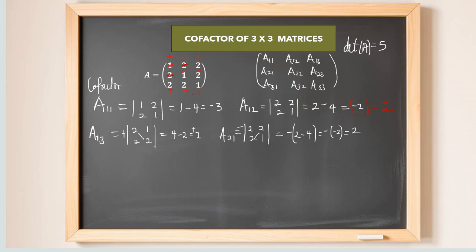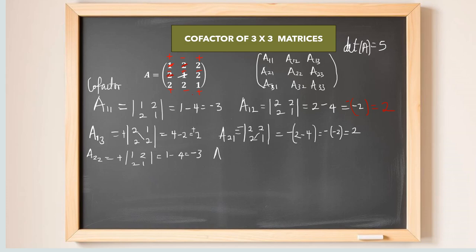And the next one we have A22. Using the same approach, we have positive outside. If you cross out the row and the column, we have 1, 2, 2, 1, which is 1 minus 4, which is negative 3.